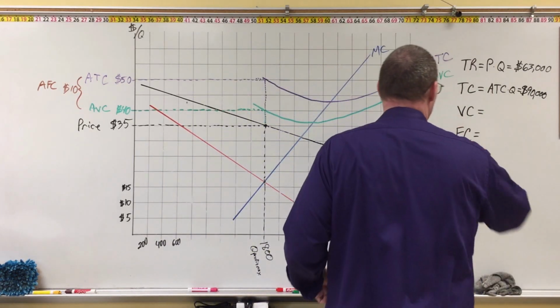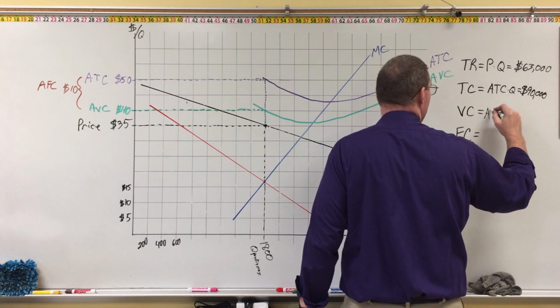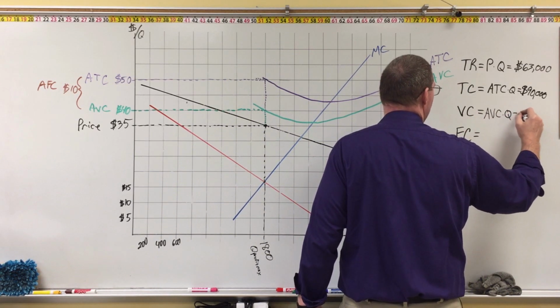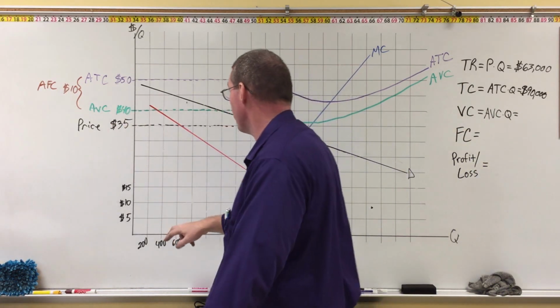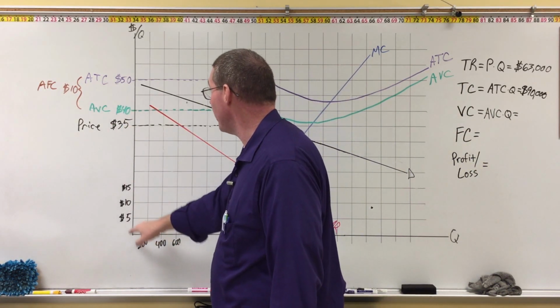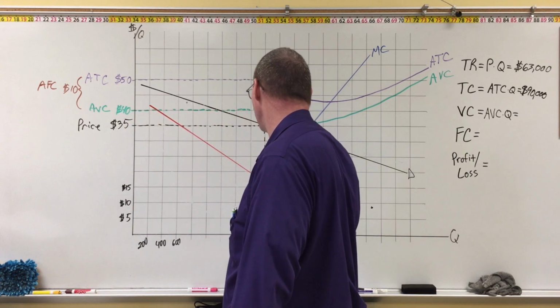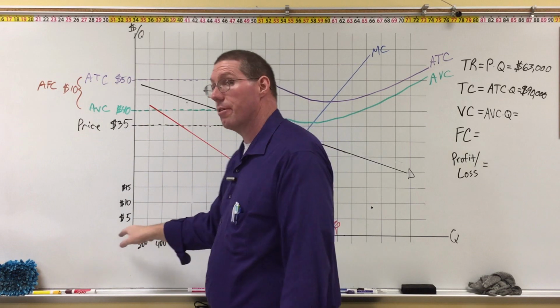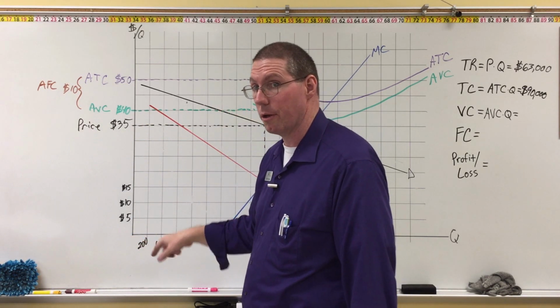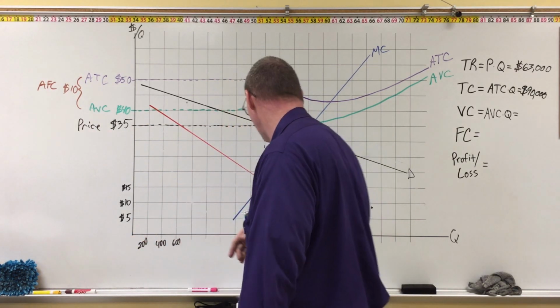Let's go ahead and calculate the variable cost. Remember, variable cost is going to be average variable cost times quantity. And here's average variable cost, 40. Now this one is a larger rectangle than the total revenue rectangle. And that's going to give us an interesting situation, which you'll see in the next segment, okay?